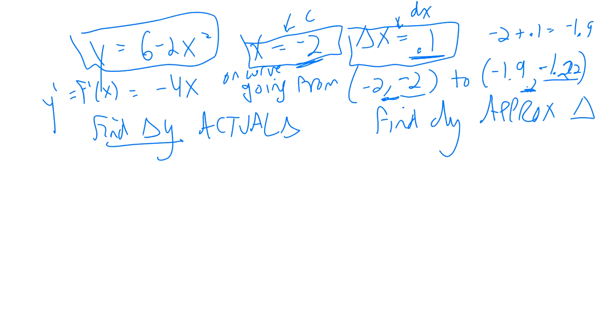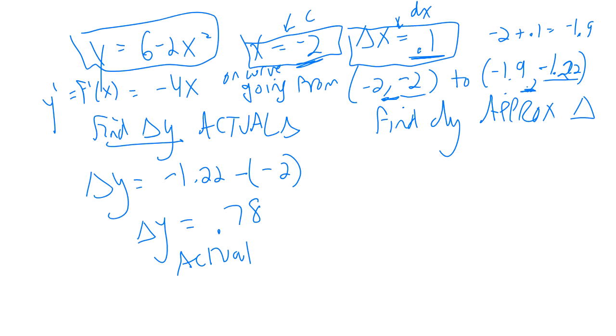Now, what's the actual change in y? The change in y is the y value that I ended up at minus the original y value. And that's equal to 0.78. So as I moved along the curve from this point to that point, y actually changed by 0.78. My approximation, my differential would be the derivative times dx.